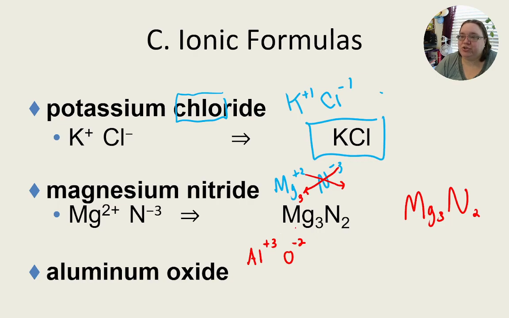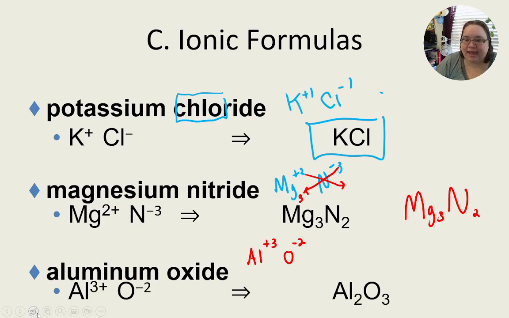Those charges do not cancel out. They do not balance each other, so we swap and we drop, and we get Al2O3. That 2 came down here, that 3 came down there, and the positives and the negatives canceled each other out. That is how we go from the name to the formula.